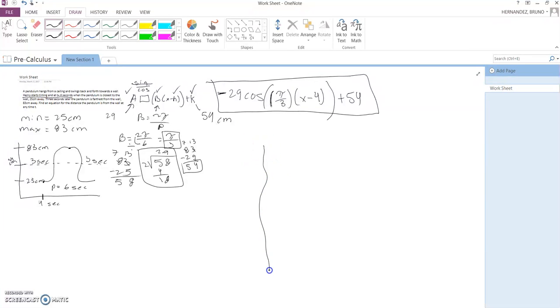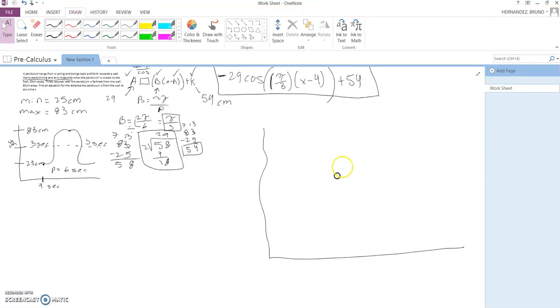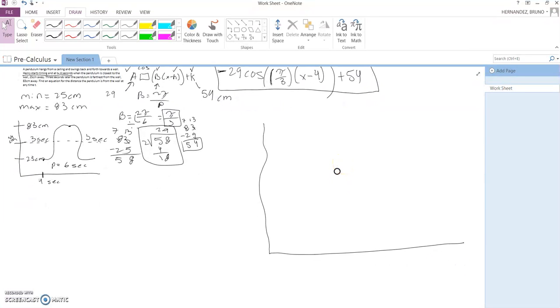So now we start here, go that way. Now, let me make this line a little bigger. Our minimum is 25 centimeters, our midline is 54 centimeters, and our max is 83 centimeters.